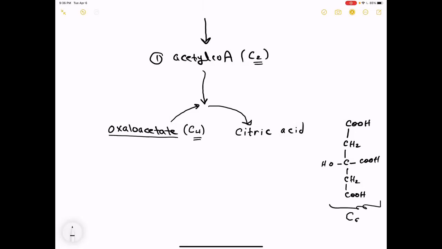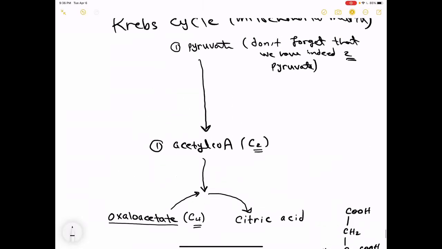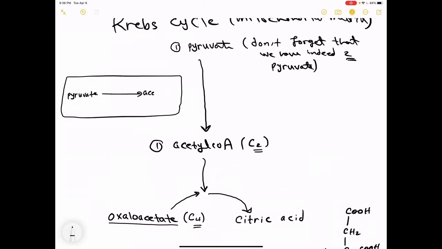So now how did I know that acetyl-CoA is a C2? Okay, to the side here, I'm going to do it here and erase it. We said pyruvate is becoming acetyl-CoA. See that CoA? That was going in here, CoA, coenzyme A. So I'm not talking about this. I'm talking about the acetyl group.